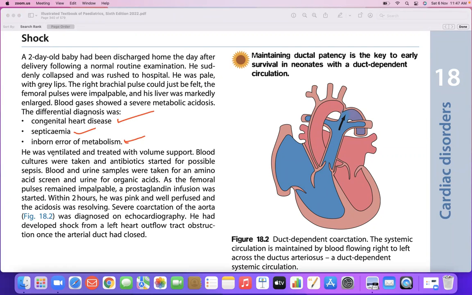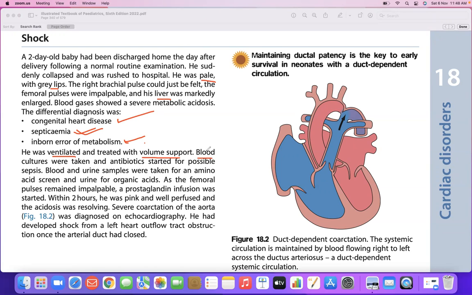So how did they work out this child? He was ventilated and treated with volume support, because he is in shock. He presented pale, with gray lips, no femoral pulses palpable, and the liver is also enlarged. There is hepatomegaly, and also this could be septicemia.